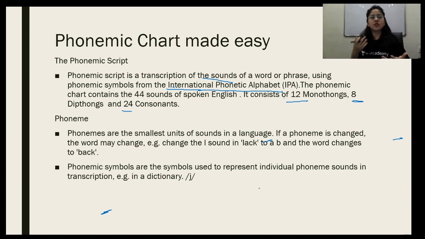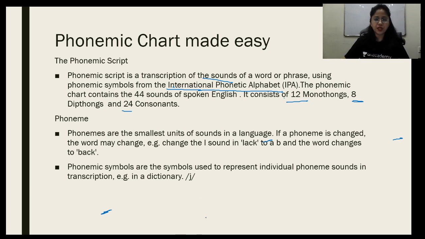Now, why are these so important? You've got the phonemic chart, which is full of phonemes. That means the different symbols which tell you about the different sounds. Now, how can we correlate these sounds in the dictionary? We can correlate it in the dictionary through the phonemic symbols. All right.